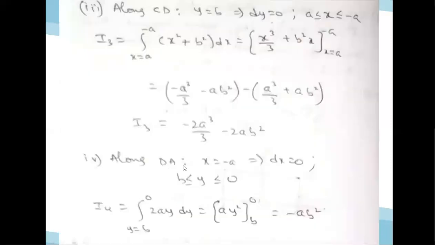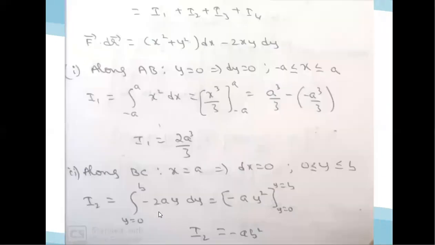So along DA, x equals minus a is the line, dx equals 0, and y varies from b to 0. So the integral becomes the integral from b to 0. In this dot product, x is replaced by minus a, so minus a whole squared becomes plus a squared.